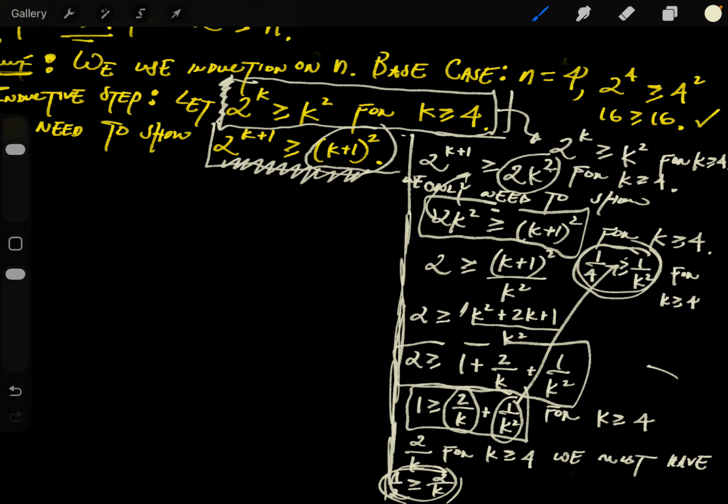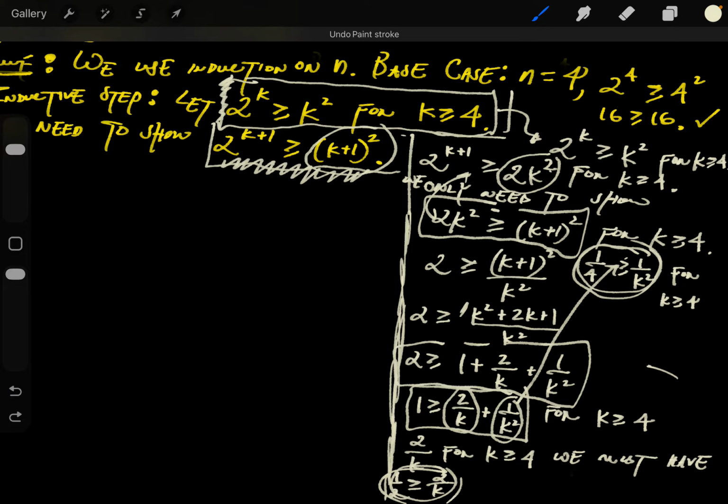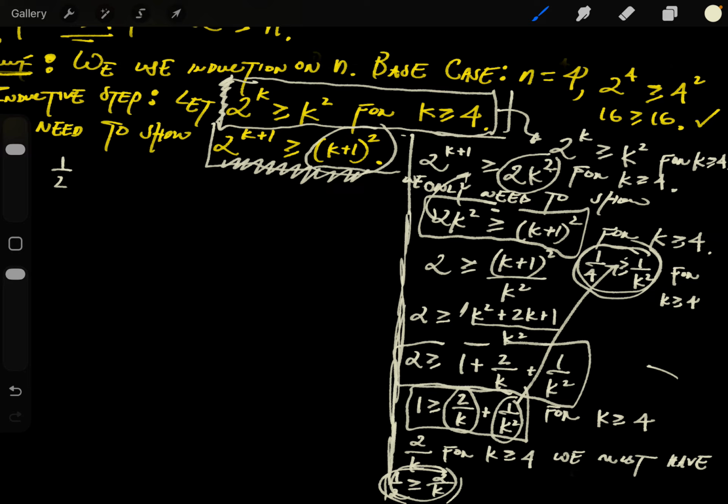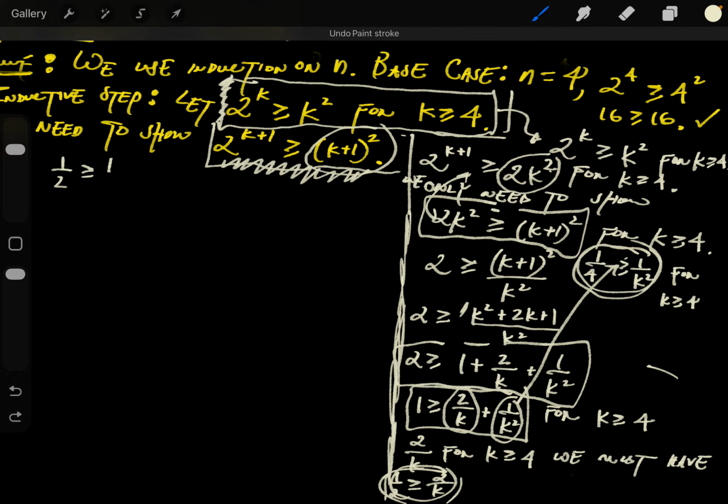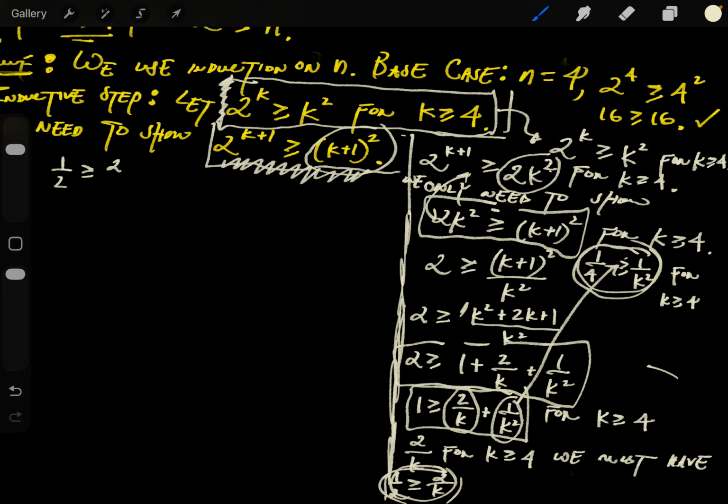So we're just going to start off and say something basic. We're going to say 1/2 is greater than or equal to 2 over k, and I'm looking over here, for k greater than or equal to 4.